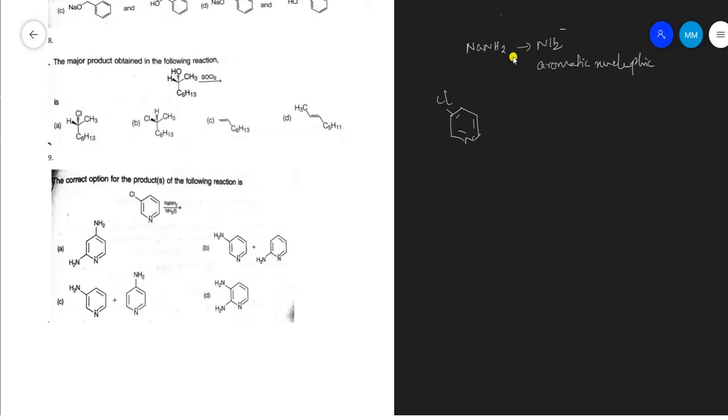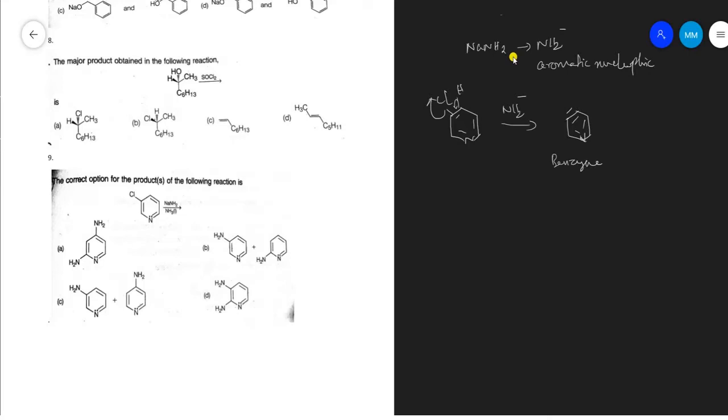The strong base NH2 minus withdraws this hydrogen atom, and the Cl is the electron withdrawing group. So this electron goes here and this comes here. Okay, this nitrogen and chlorine is moved. So you get the special species that is called the benzyne intermediate.